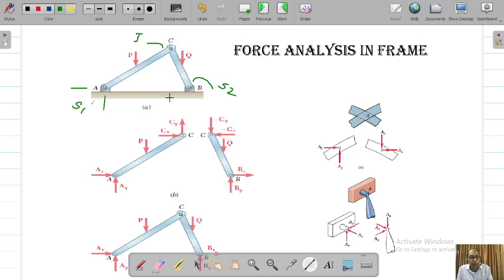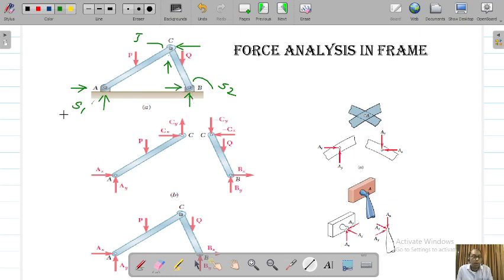You can assume that, just to understand it. Can we solve it directly? Let's see. One unknown here, because it is a pin. We are assuming it as a pin joint. These are just our assumptions.